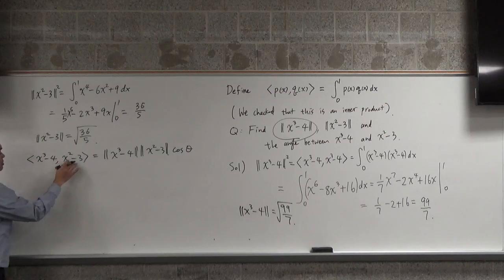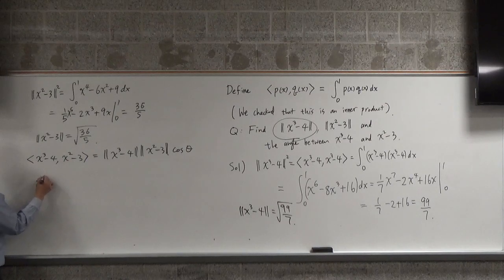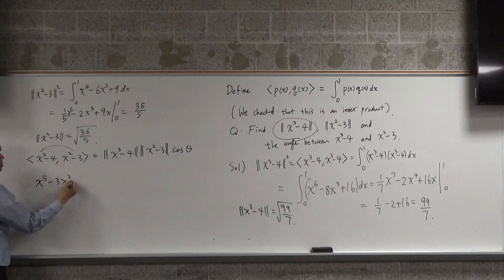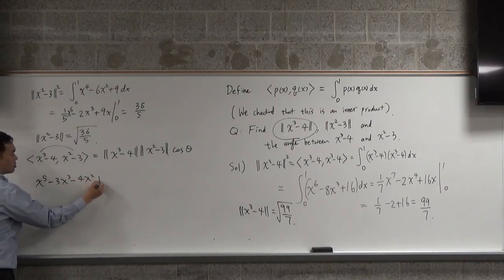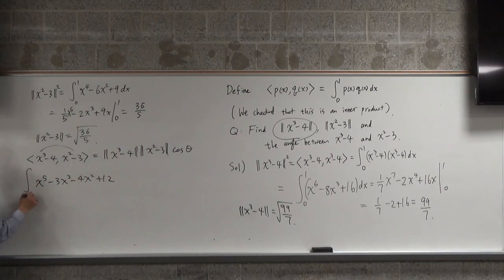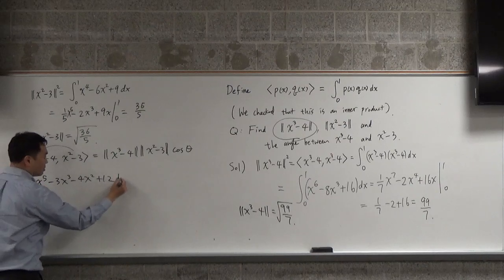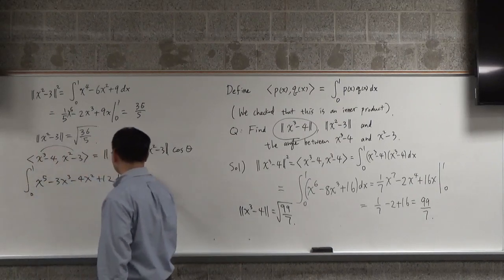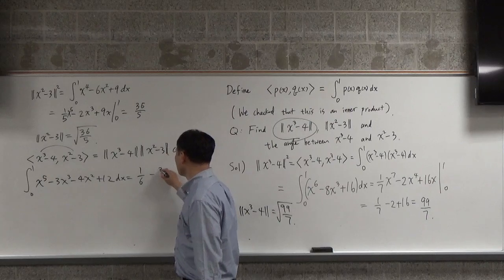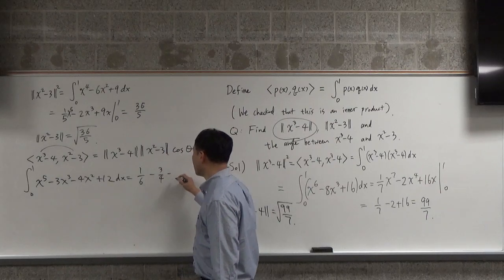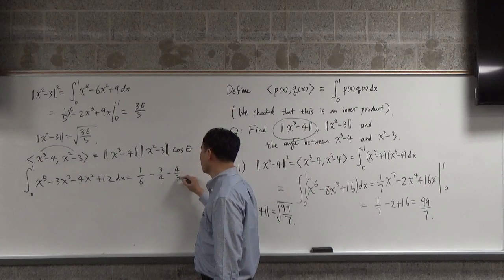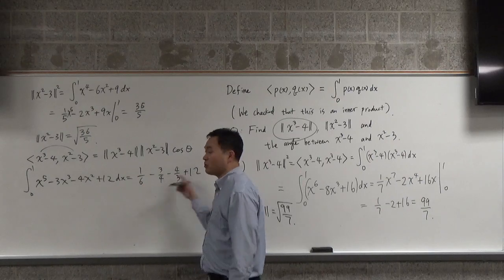So if I multiply these two, that will be x to the 5th minus 3x cubed minus 4x squared plus 12, and I have to integrate from 0 to 1, which gives you 1/6 minus 3/4 minus 4/3 plus 12. That's after you integrate.